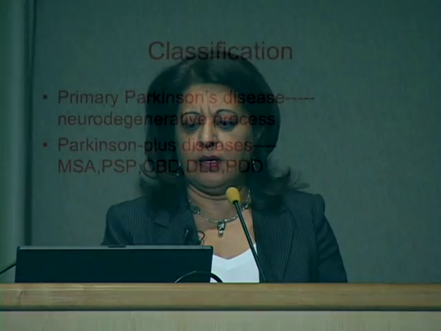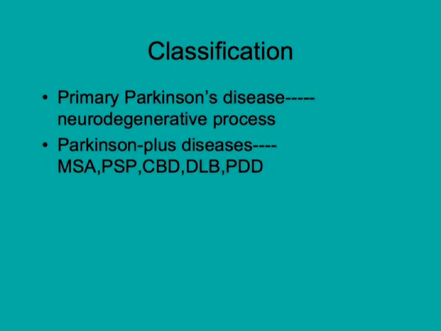PSP stands for progressive supranuclear palsy. In this entity, a patient can have Parkinson's disease and difficulty with upward gaze. They cannot look upward, and they have difficulty standing up when they get up from the chair because their blood pressure drops. CBD stands for corticobasal degeneration.